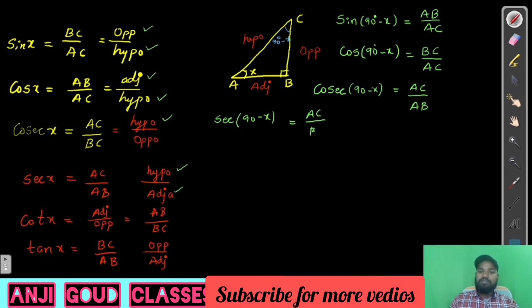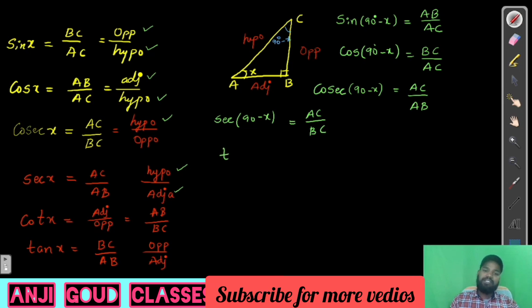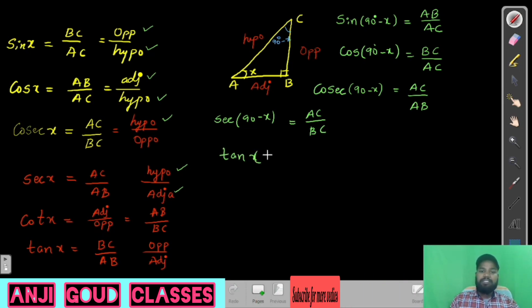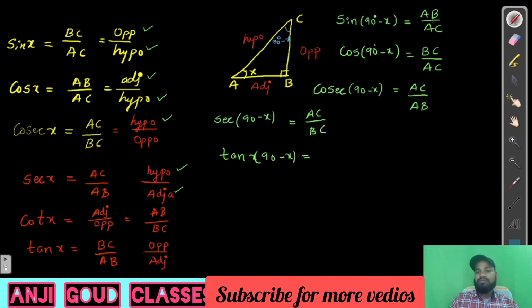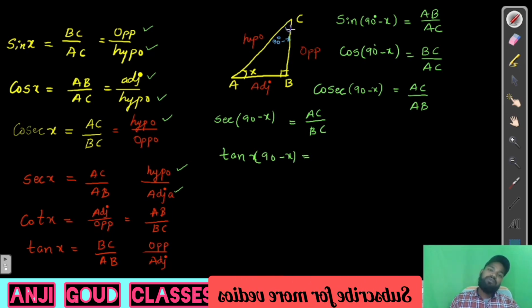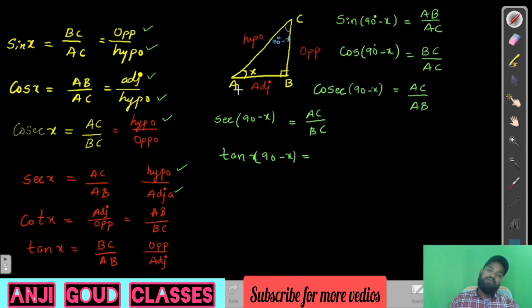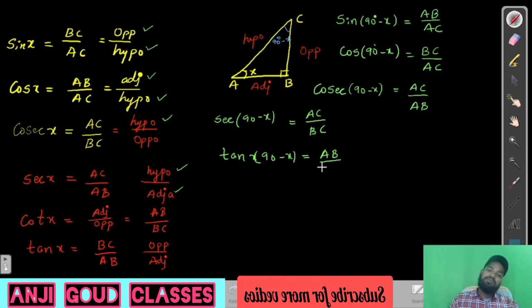Next, tan of 90 minus x. Tan is opposite by adjacent. Opposite is AB, and adjacent is BC.